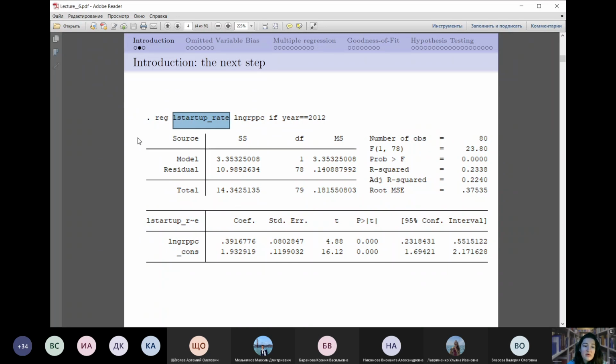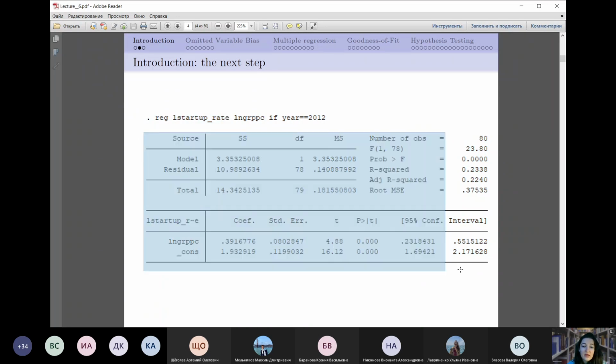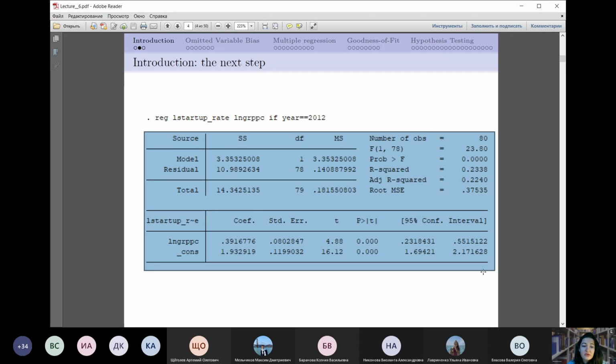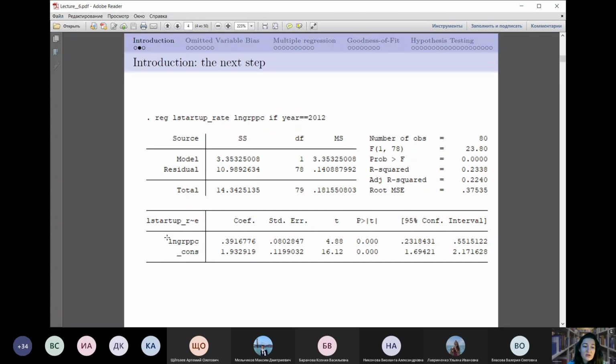So in this table, you can see the output of this regression. And of course, our main interest lies in this row, exactly in this coefficient. This is the effect of the logarithm of gross domestic product per capita on the regional startup activity.